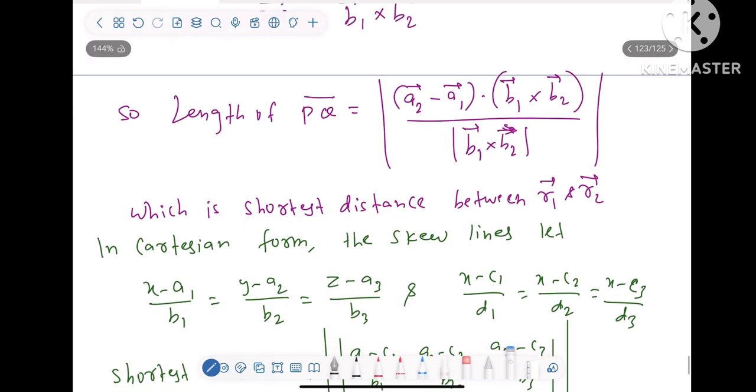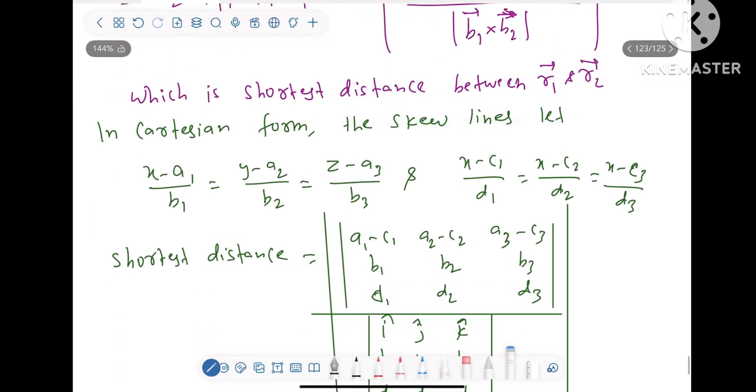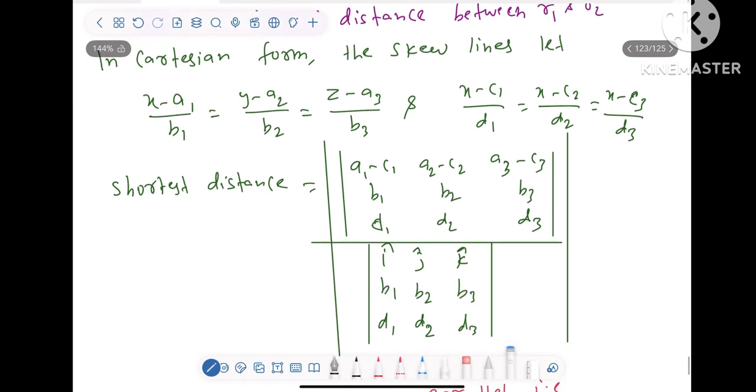In Cartesian form, the formula looks like this. The skew lines are like this one and this one.